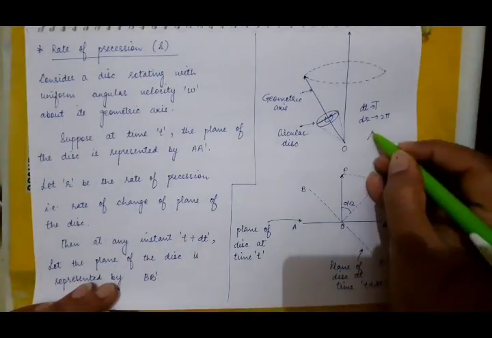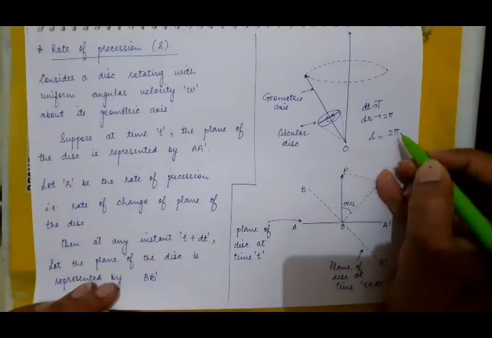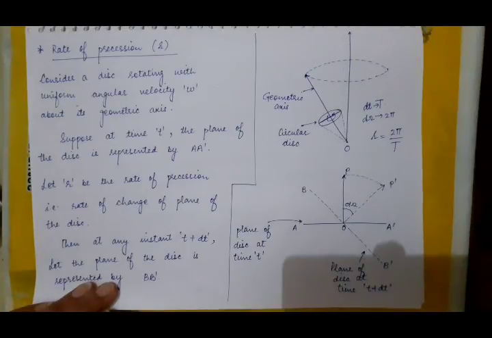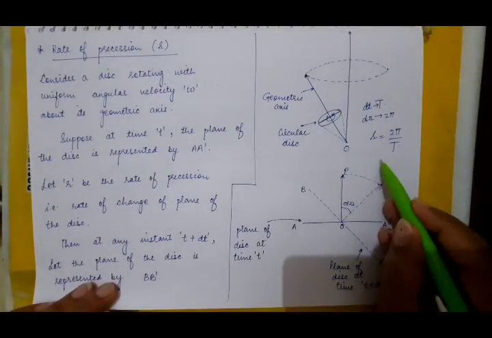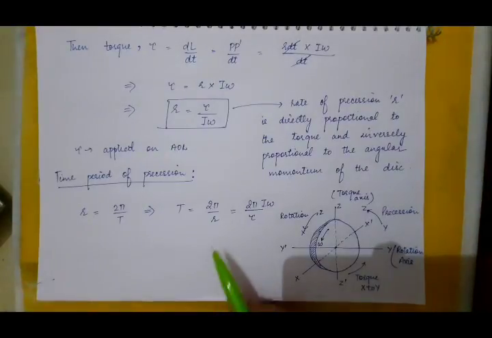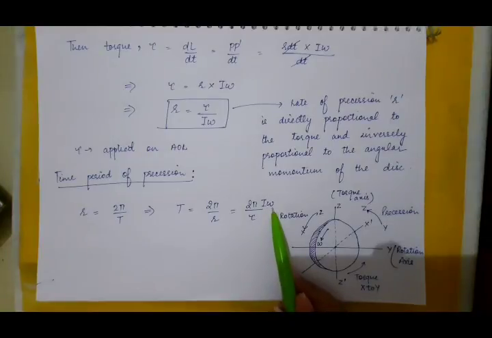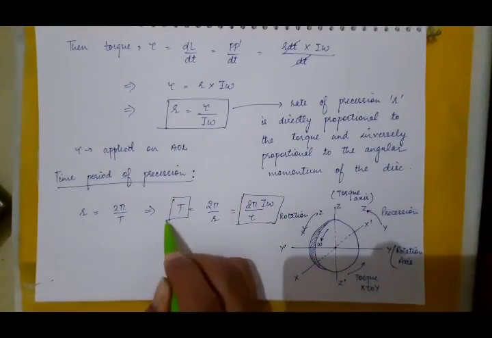So what will be the rate of precession then? d omega is 2 pi after one complete rotation, and dt is capital T, that is the time required to complete one rotation or one revolution about that axis. So this r is equal to 2 pi by T. So what will be T? It is 2 pi by r. Now put the value of r, that is rate of precession, which is tau upon I omega. So this is the required expression of time period of precession.